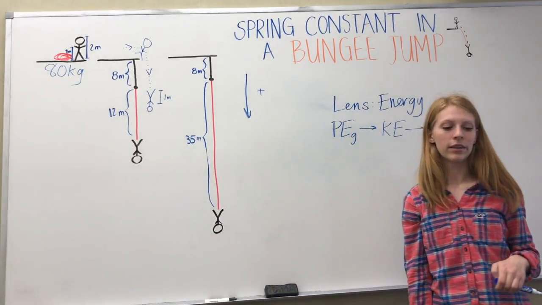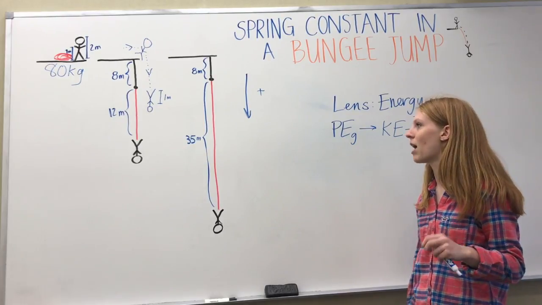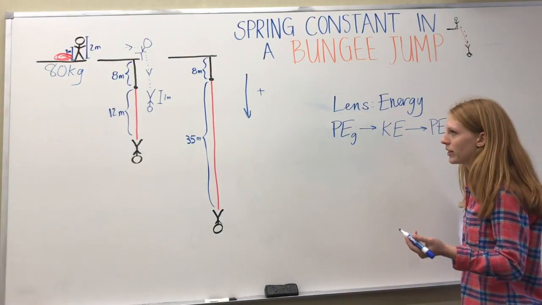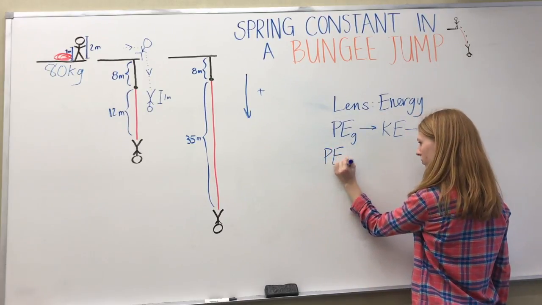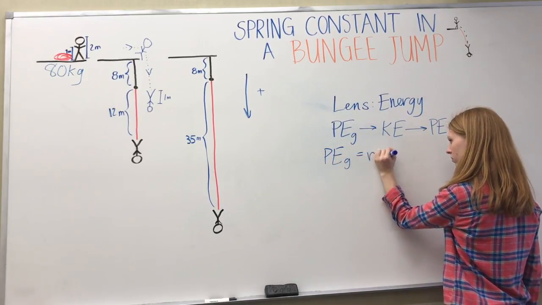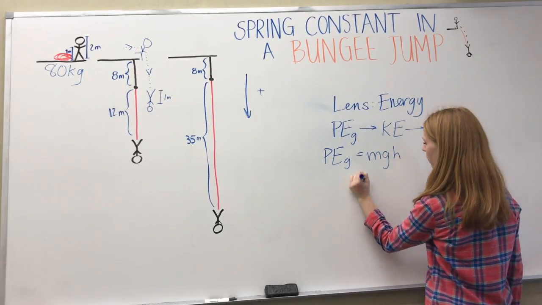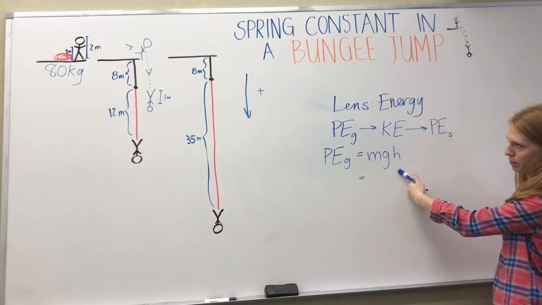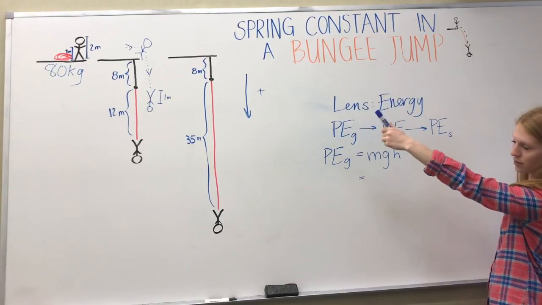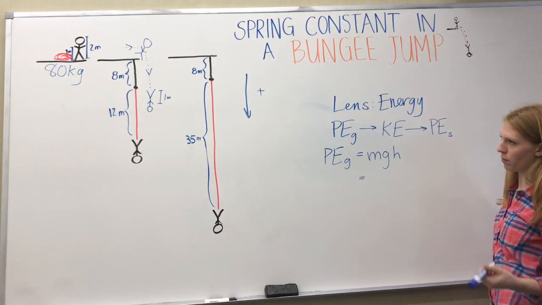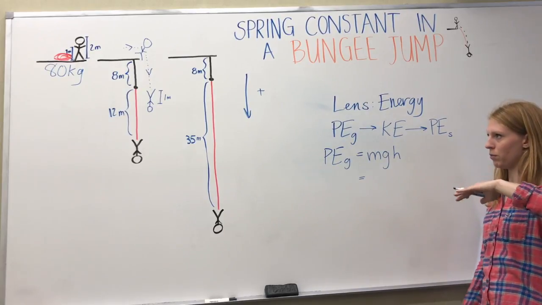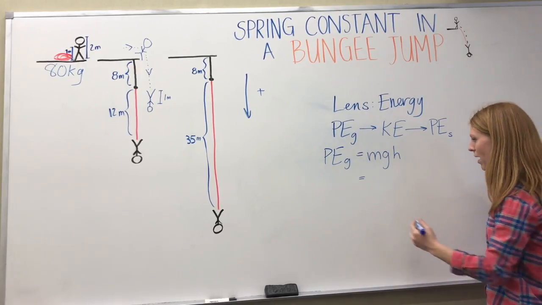So now we're going to calculate the gravitational potential energy at that point, using this equation. For this one, we're going to consider the height to be 10 meters because the bungee jumper has traveled 8 meters, which is the distance of the rope before the bungee, but also the 2 meters to consider his center of mass.